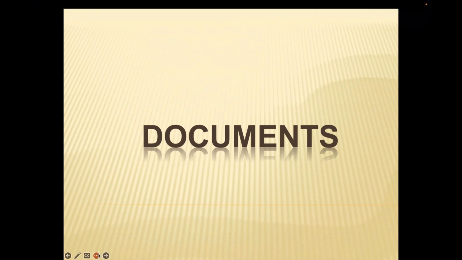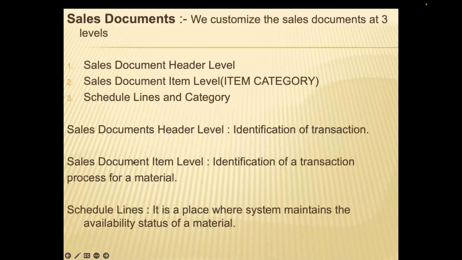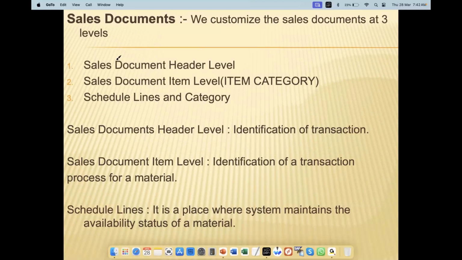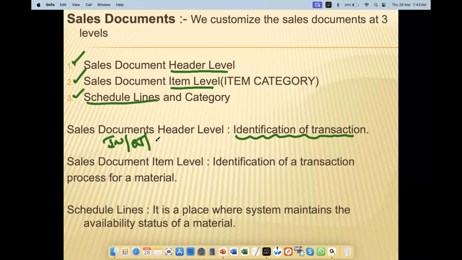See here. As I just said, we customize a sales document in three levels: header, item, scheduling. Header level, item level, and schedule lines. Header is the identification of a transaction. What is the document you're dealing with? What is the transaction you're doing? Inquiry, quotation, order, etc. A sales document identification is at header level.